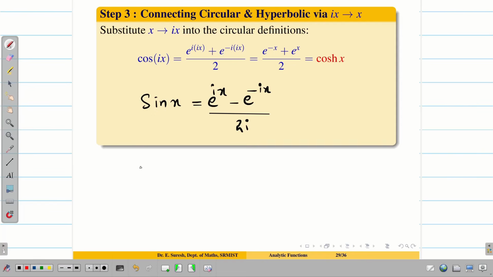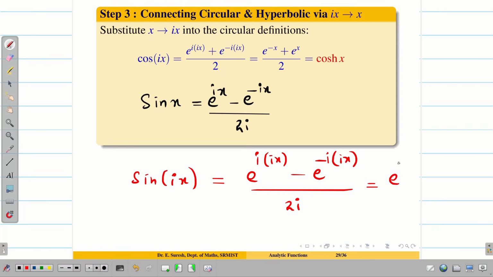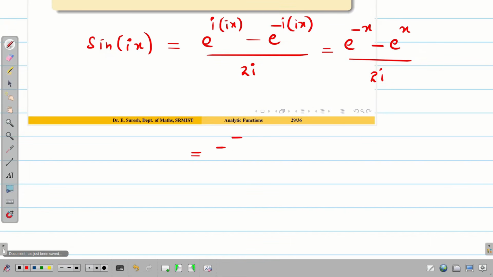Similarly, if we replace for sin, we get sin ix is equal to e power i into ix minus e power minus i into ix divided by 2i. So we get e power minus x minus e power x divided by 2i. Now I will take this minus outside. So we get e power x minus e power minus x by 2i. We never keep a complex number in the denominator, so I'll multiply and divide by i.